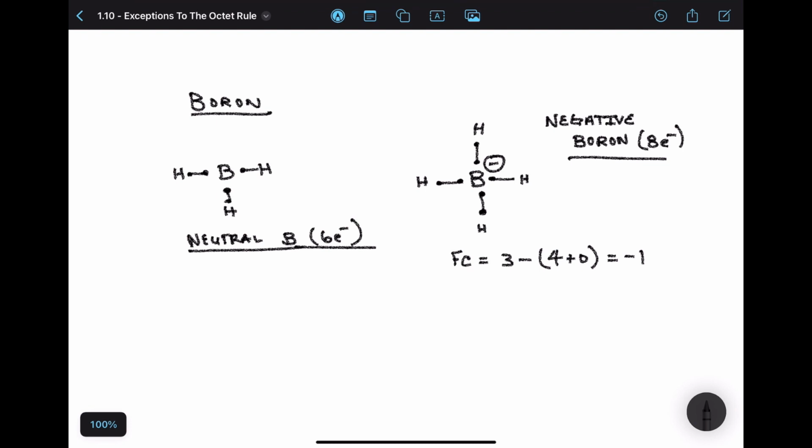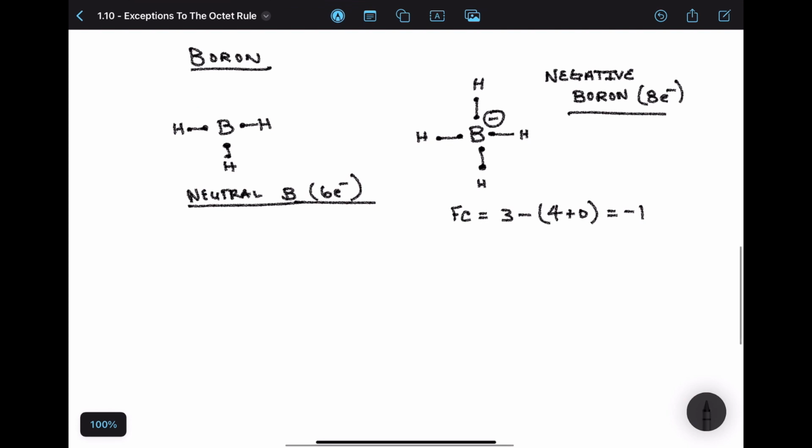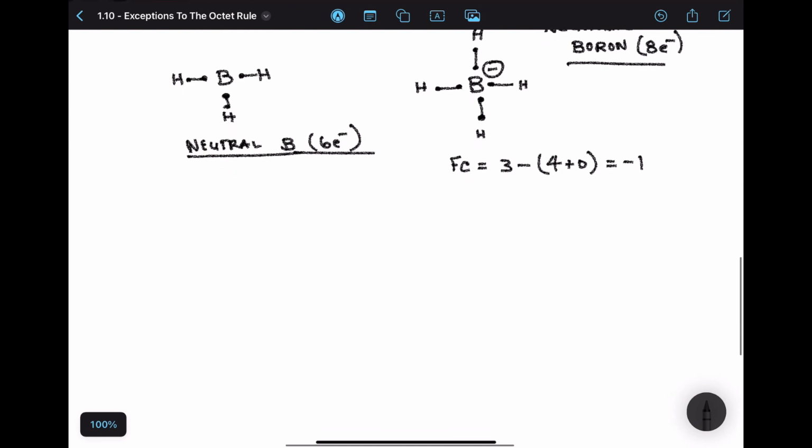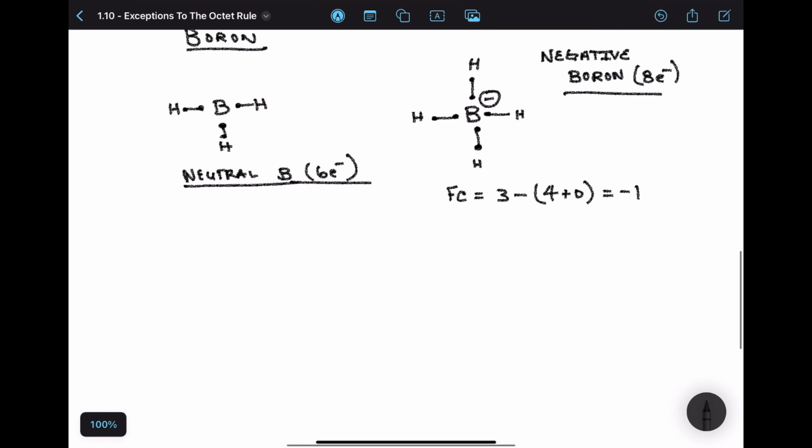In this case, we can't have both, right? We have to have either a neutral boron with 6 electrons or a negative boron achieving that octet. So that's boron. So let's talk about another atom that violates the octet rule, but this time for a different reason, and that is going to be sulfur.